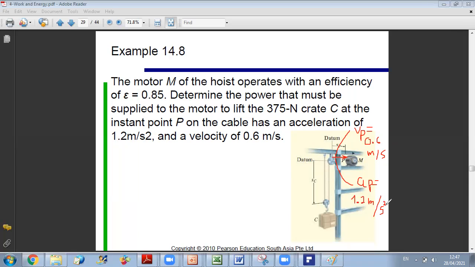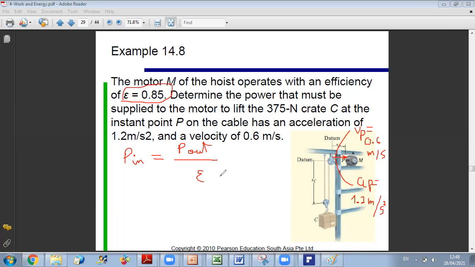Now, by definition, we know that P input is equal to P output over the efficiency. Here in this problem, the efficiency is determined to be 85%.